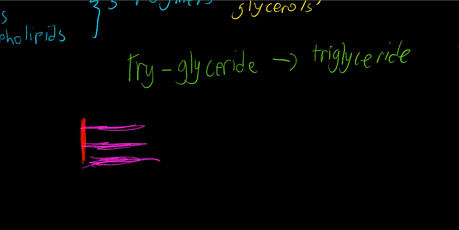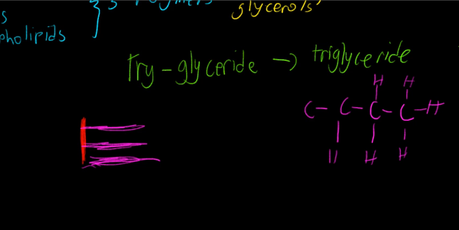But if you look at the chemical formula, you'll see that the glycerides are actually long chains of either saturated or unsaturated fats. Remember that a saturated fat has the most amount of hydrogen bonds possible, so no carbon-carbon double bonds. So we put the hydrogens on either side.